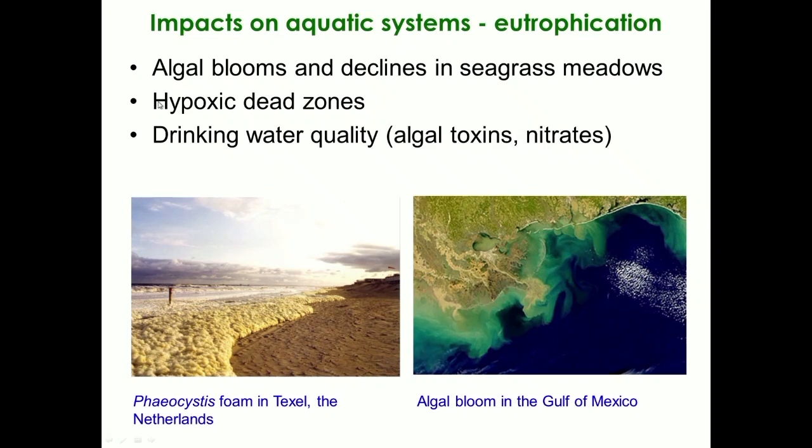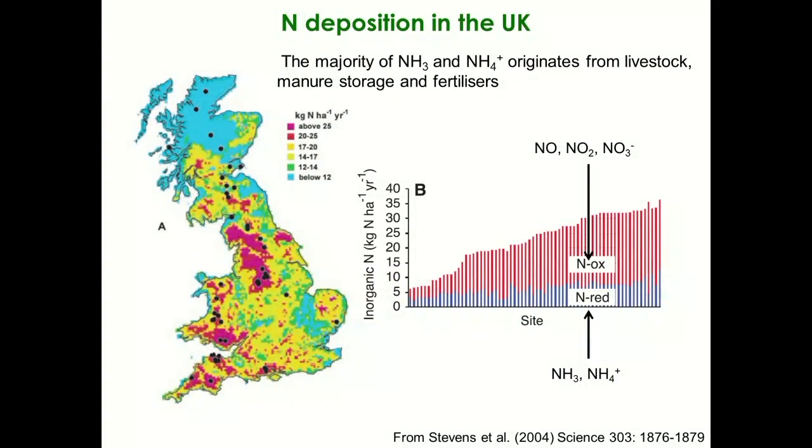So this is a big impact. Particularly we see this in Europe, in coastal zones, and there are a number of parts of the world where freshwater, so internal freshwaters, lakes, rivers, are also showing signs of quite substantial eutrophication and pollution as a result. So that's the aquatic challenge with this pollution.